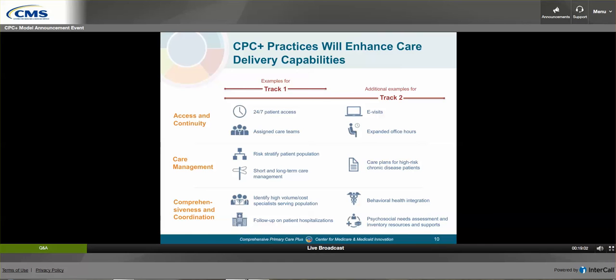Note that the Track 2 requirements are inclusive of and build upon Track 1. Track 2 will include additional requirements that will aid practices in increasing the depth, breadth, and scope of care offered, with a particular focus on patients with complex needs.